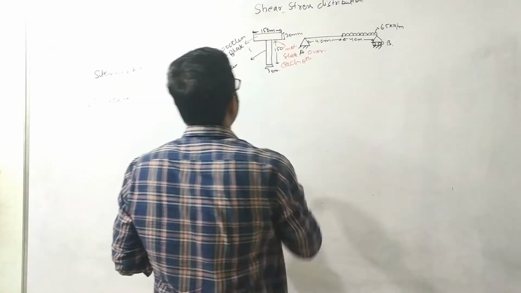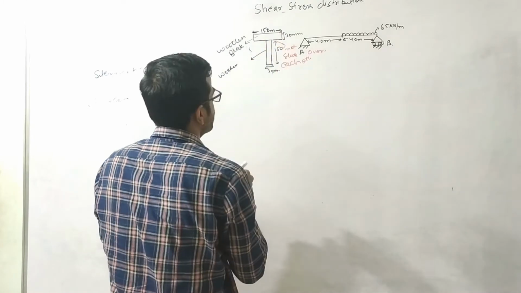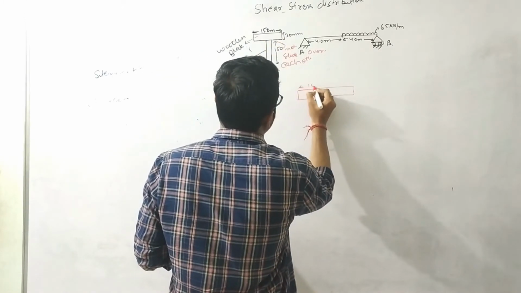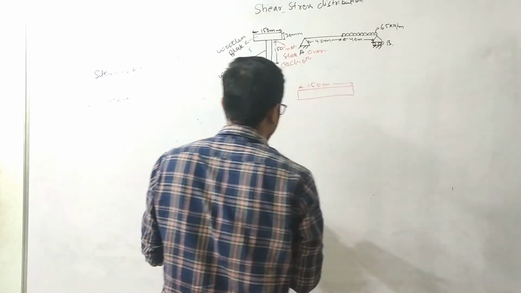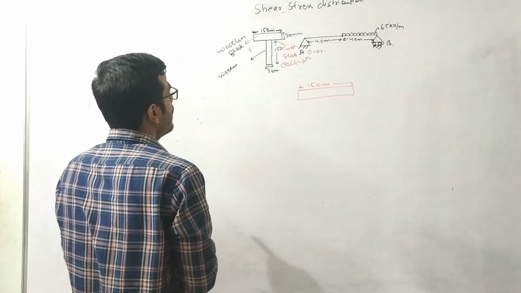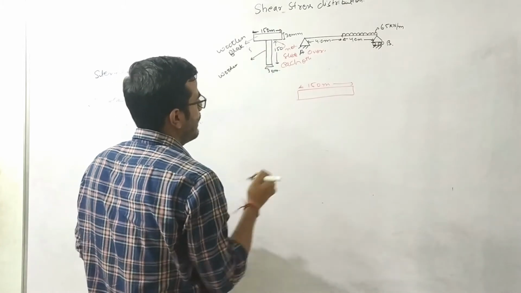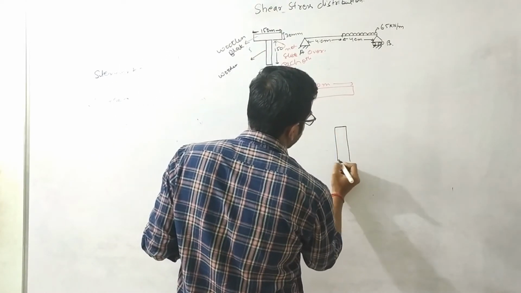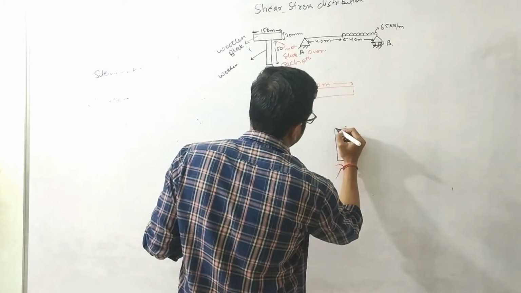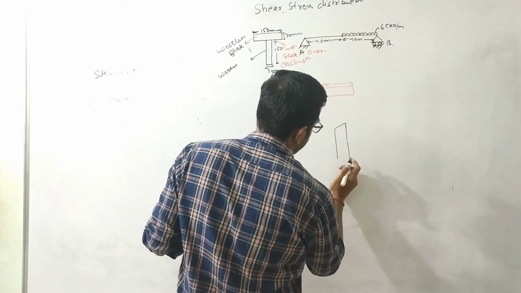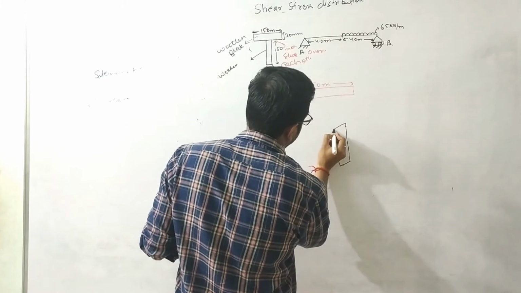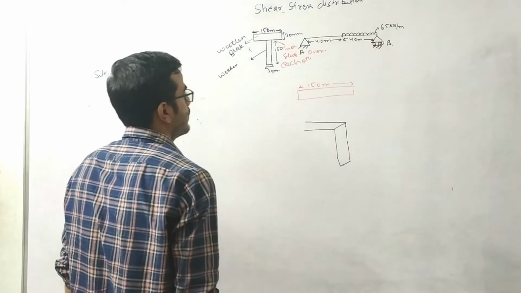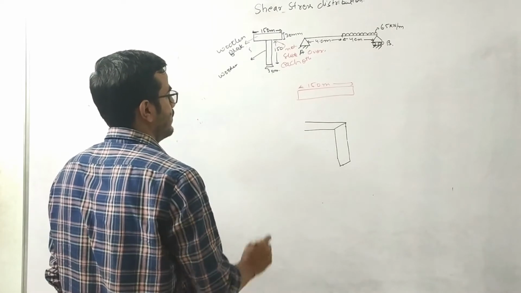So what happened is, if I remove this joint, this is the one portion of the beam. And if I remove this portion, my beam will look like this.